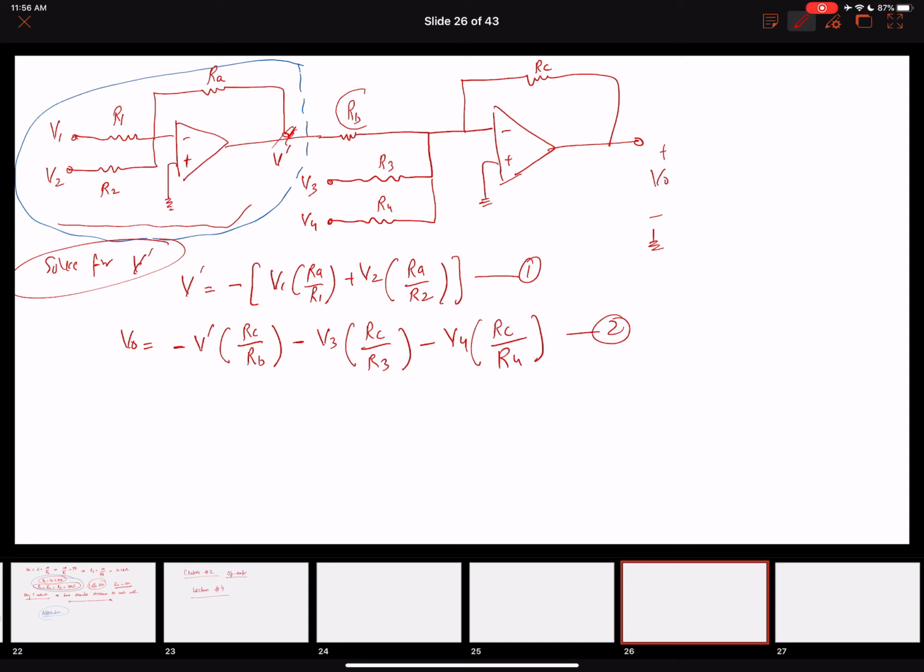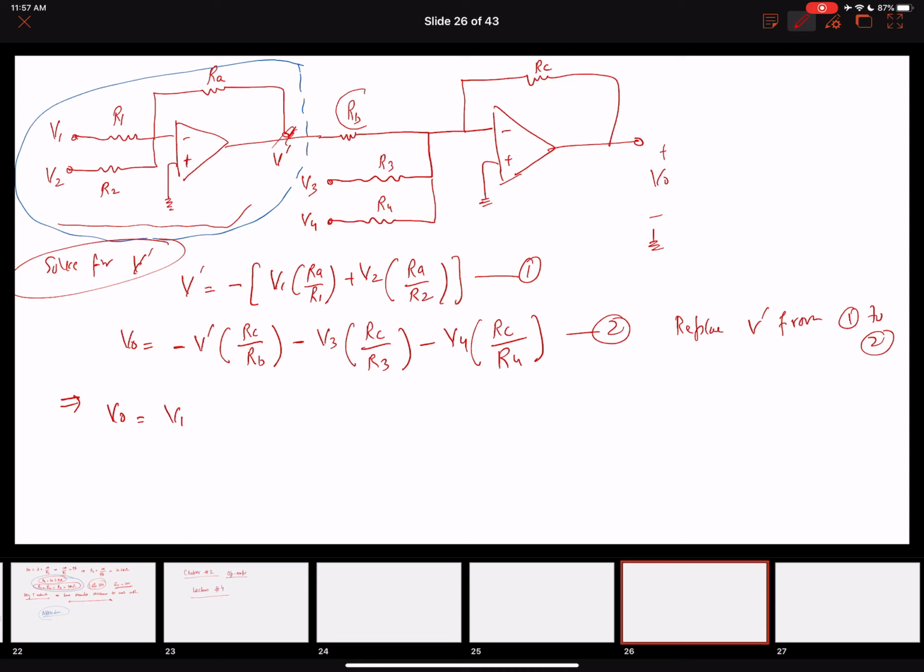So what we can do is replace V dash from the first equation into the second. So our V naught will become, minus V dash will be the negative of this.